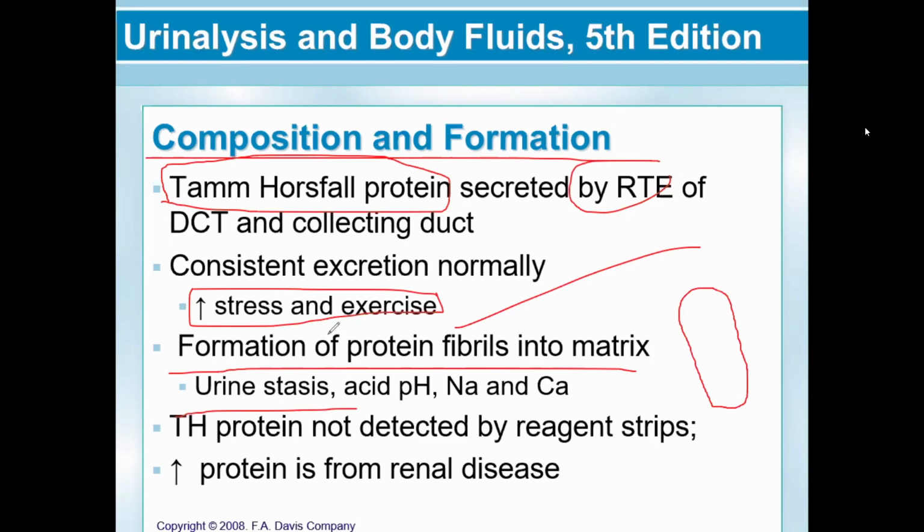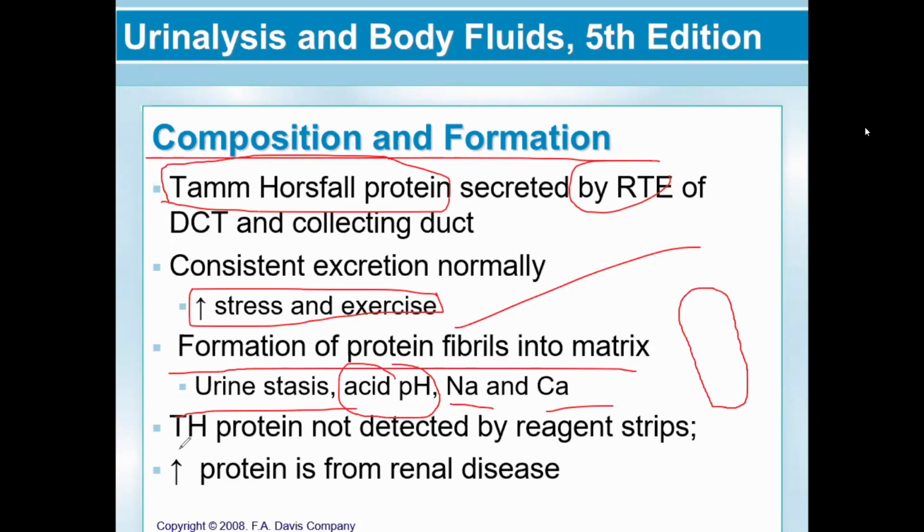Kasi tumatagal yung ihi ninyo doon, sa kidney ninyo, okay? So acid pH, when the urine is acidic then that contributes to formation of your casts and presence of your sodium and calcium. So these are factors, guys, that favor the formation of your urinary casts.